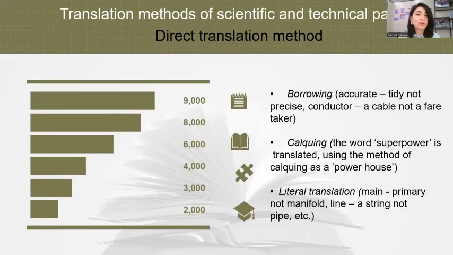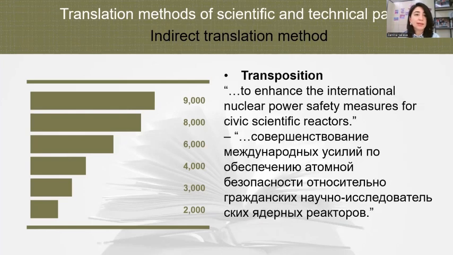So in direct translation, in this methodology, we always use in scientific technical text borrowing, calquing, and literal translation. You could see all the examples on our slide. So let us continue with the indirect translation method.